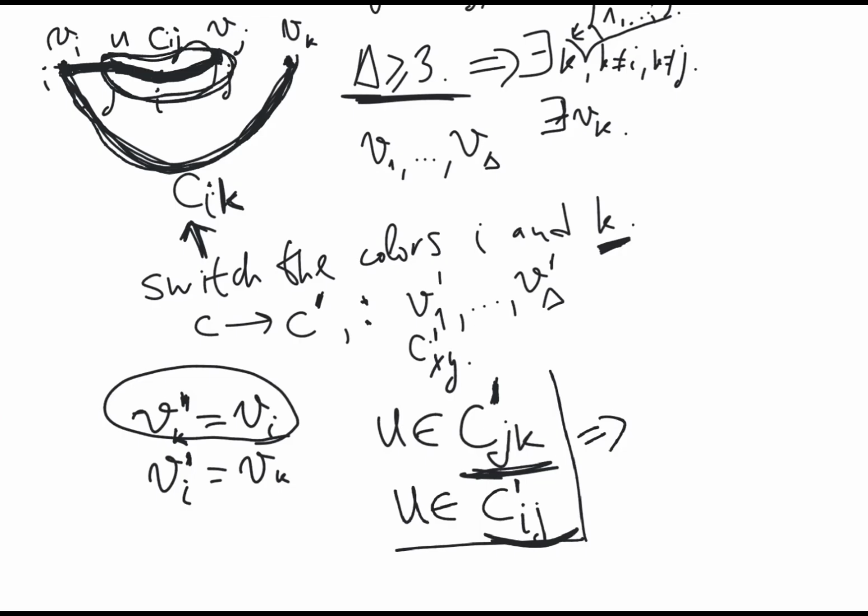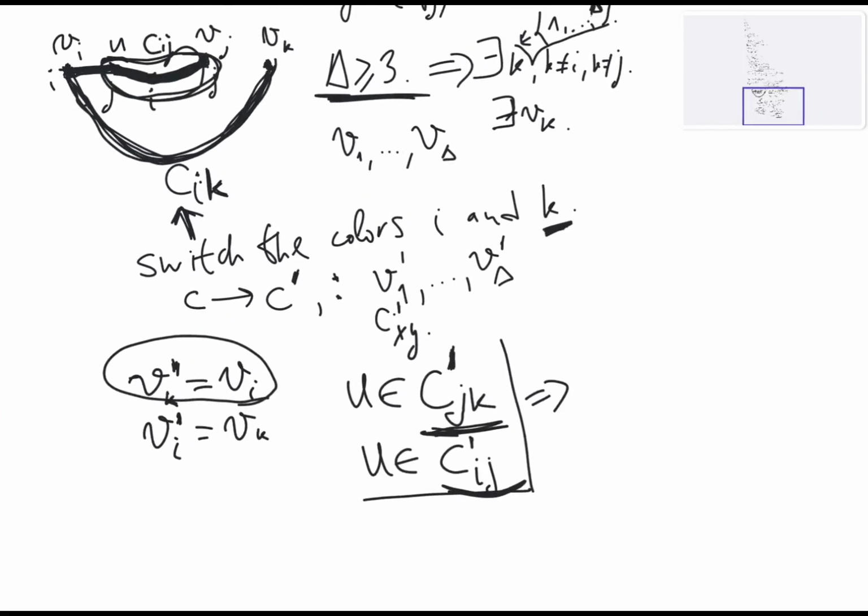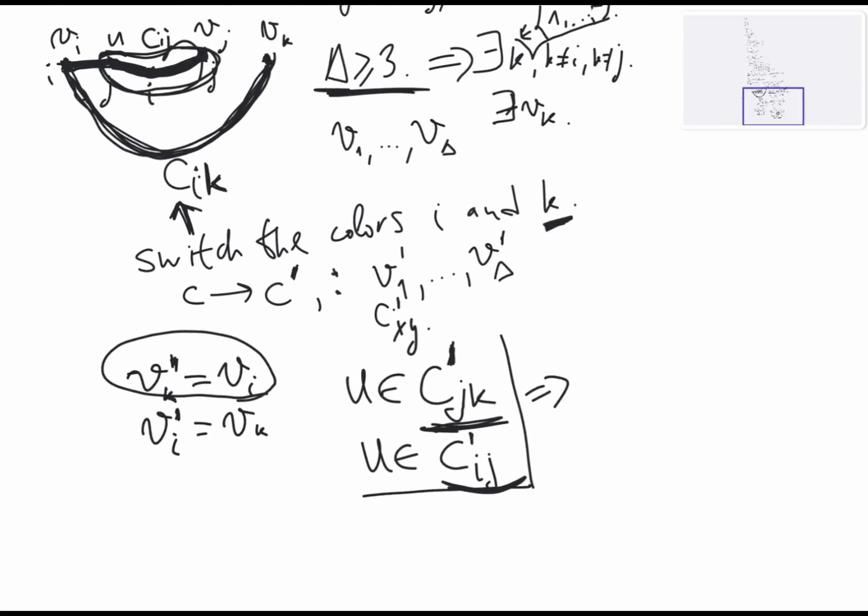And also of course u is not equal to vj, because by our assumption, u was an internal vertex on this path from vi to vj, so it's not vj.